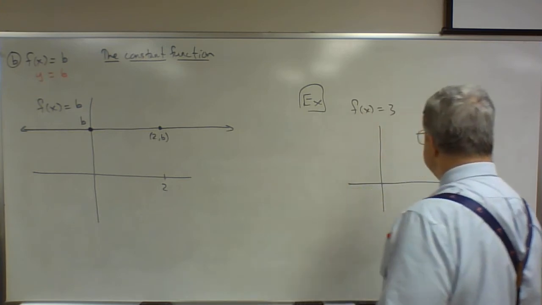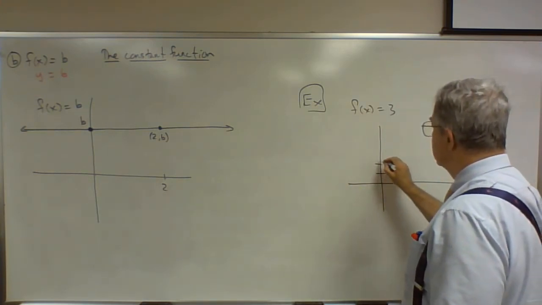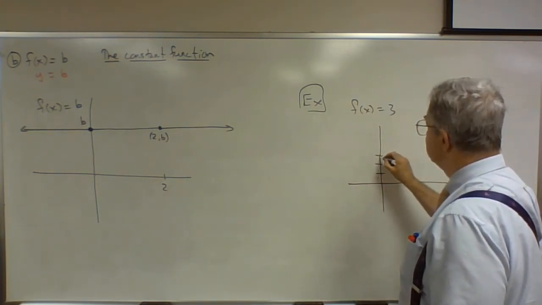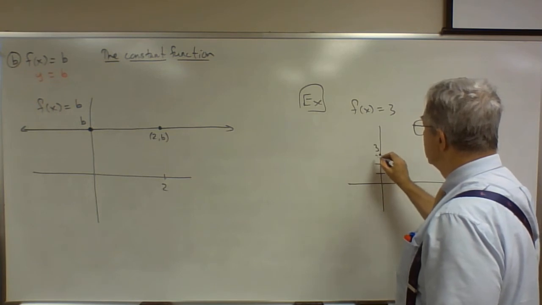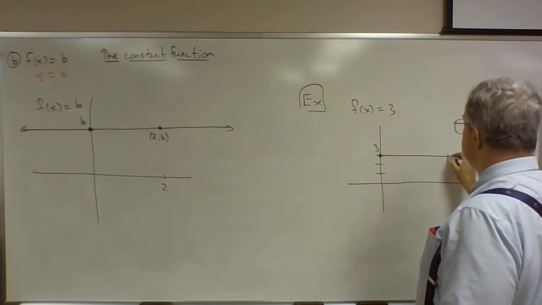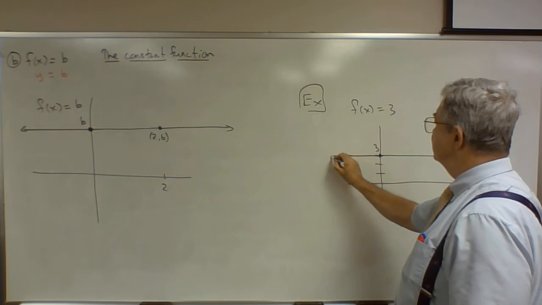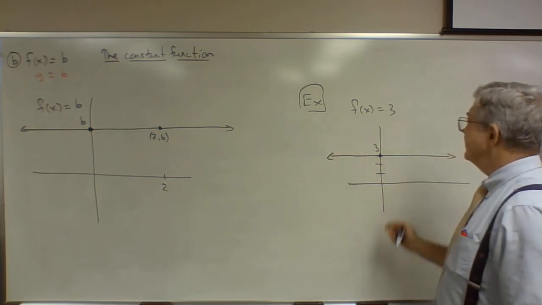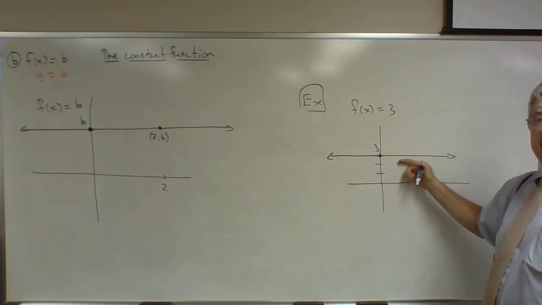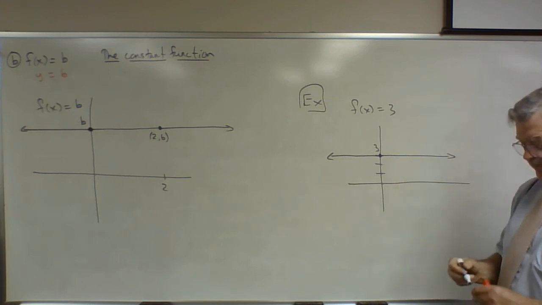Let's just see what this baby looks like. Here's our constant. So right here where y equals 3, that horizontal line passes through the y-axis. Here's the graph of f of x equal 3.